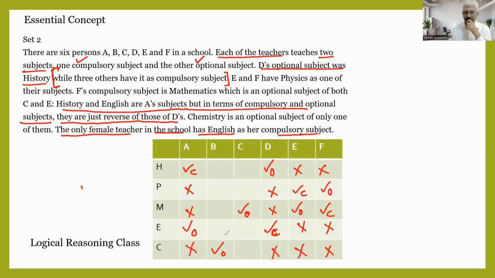This is confusing, so leave it. So these 2 points are finally left, right? On first reading, you cannot decode this.